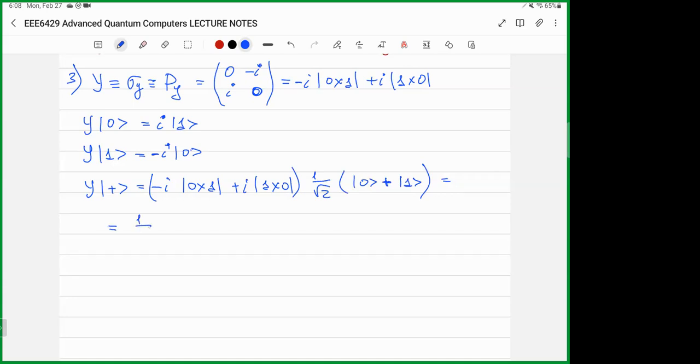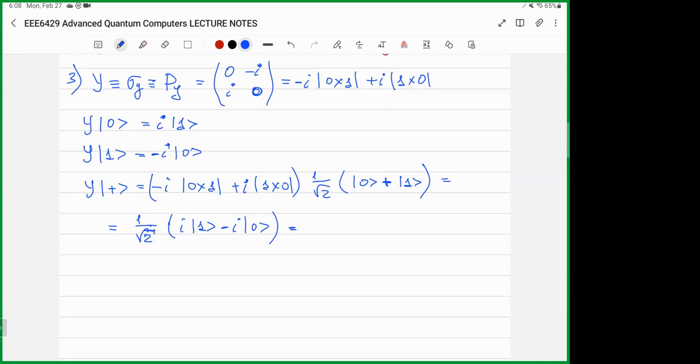I can take 1 over square root of 2 in front of this expression, and then acting this gate on the state 0, I'll get I state 1, and on the 1 I'll get minus I state 0.